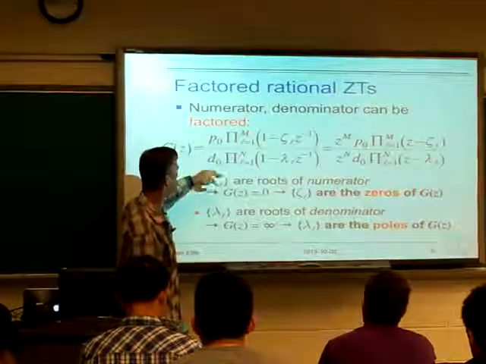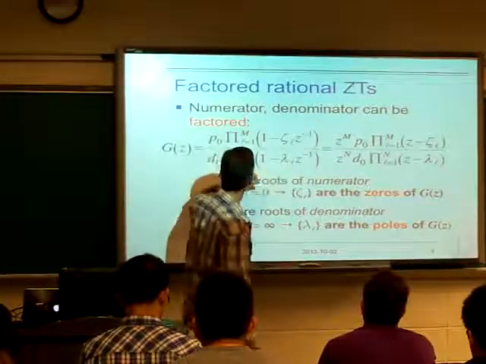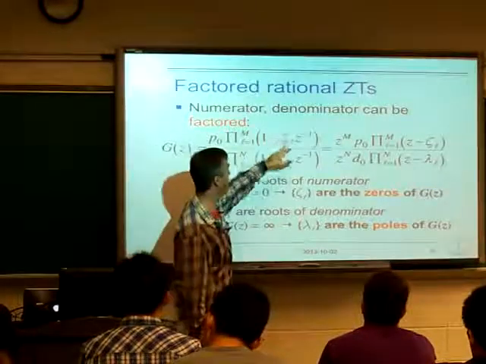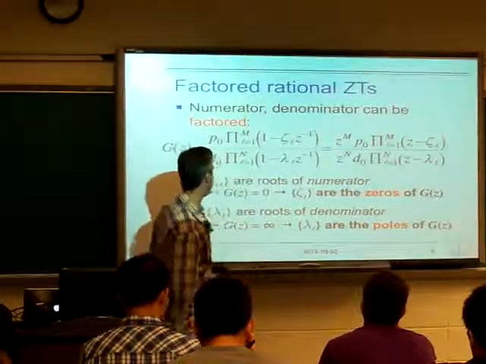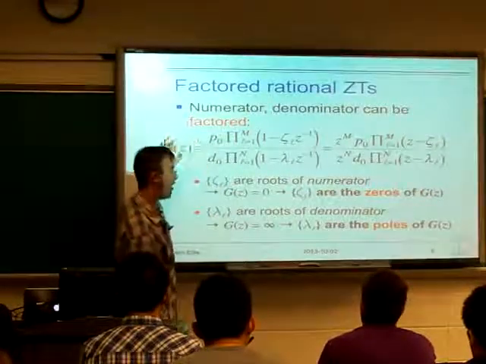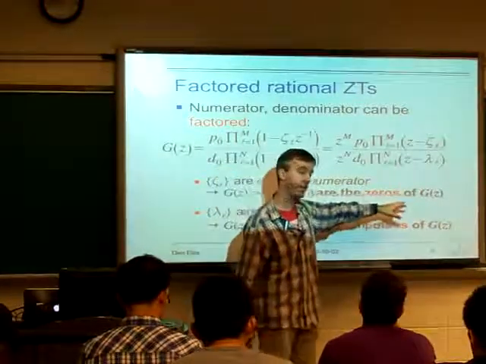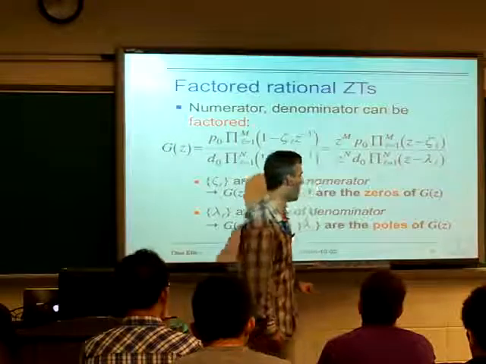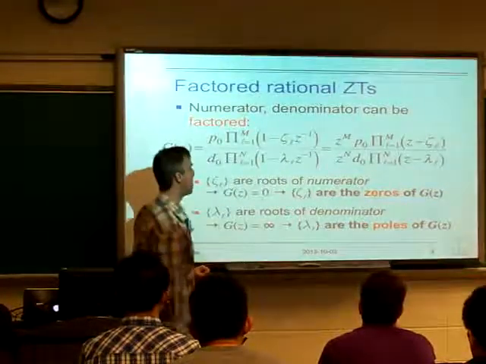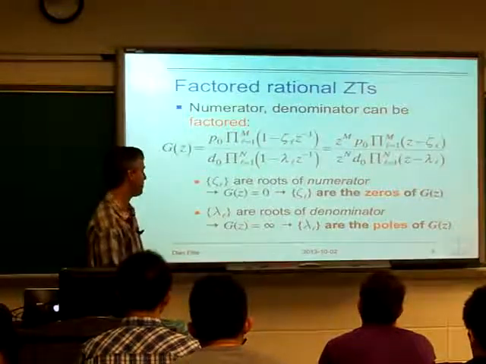So we can do this for both numerator and denominator. We end up with a set of coefficients here. These are not terribly interesting coefficients; they're just a constant scaling term. These are interesting coefficients. The zetas are the values where the numerator is 0, which means the entire thing, G of Z, becomes 0. They are called the zeros of the function G of Z, the zeros of the Z transform, but they're really a property of the closed form expression for the Z transform.